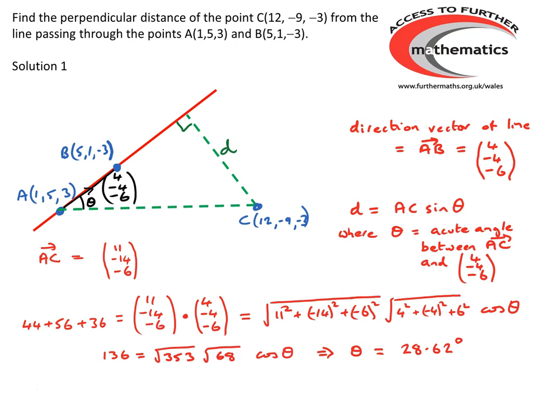That gives me that theta must be 28.62 degrees. So the length that we're trying to find, D, is AC sine theta. We've already determined that AC has a length of root 353. So we've got root 353 times the sine of 28.62 degrees, and that's giving me a perpendicular distance of C from the line of 9 units.